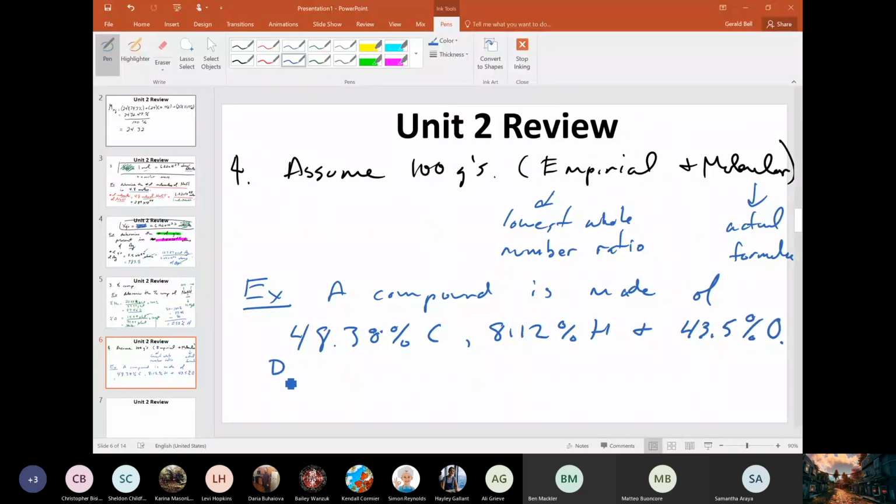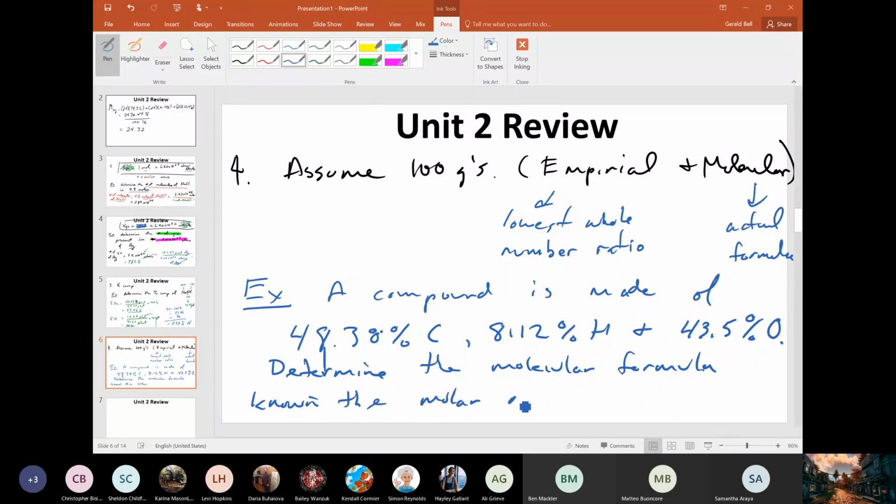Determine the molecular formula, knowing the molar mass is 148 grams per mole.